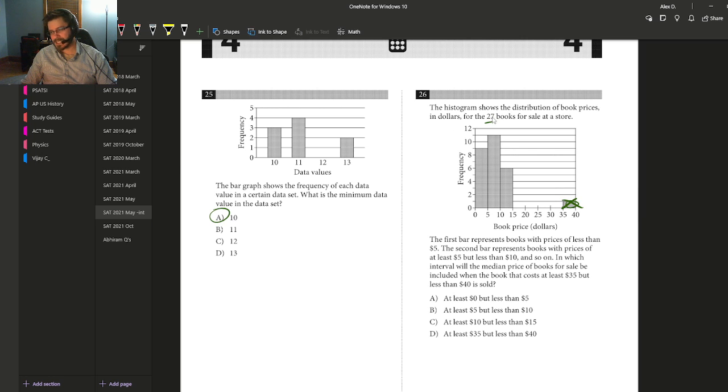There are now 26 books, and in an even set of data, you have to take the average of the two middles. But a set of 26 items, from item 1 to 26, there are 13 over here and 13 over here, so the 13th and the 14th item. So the 13th and the 14th item fall in this column, and I don't think it would have made a difference to even keep that book in there anyway.